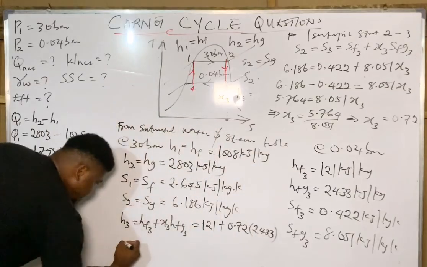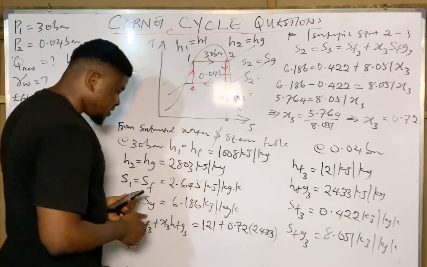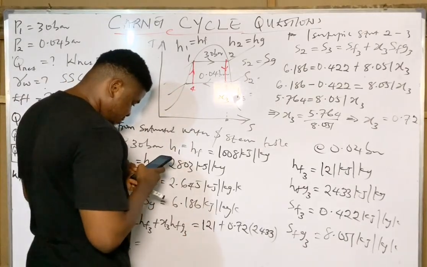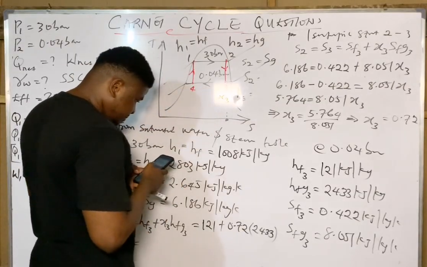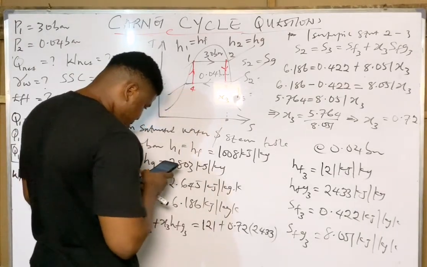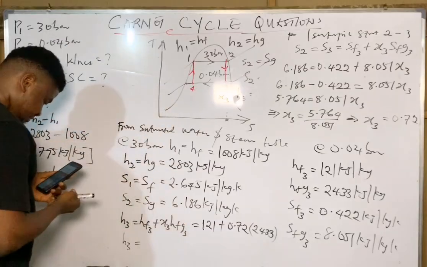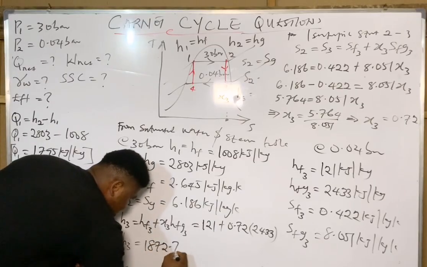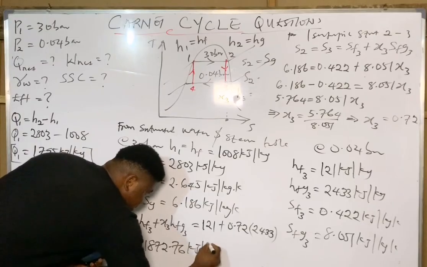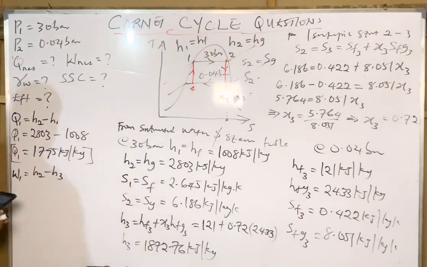So with this now we found the enthalpy at state 3. I'm going to punch everything together to save time: 0.72 multiplies 2433 plus 121. So H3 gives us 1872.76 kilojoules per kilogram.